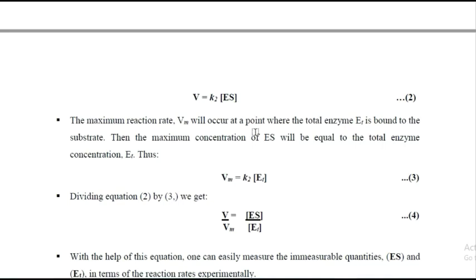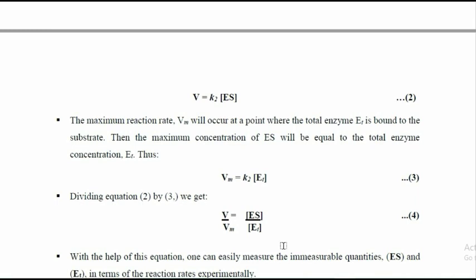You agree with me that the rate of appearance of product is the velocity, which is also the same thing as speed. What is speed? Speed is distance over time. I need to take that again.